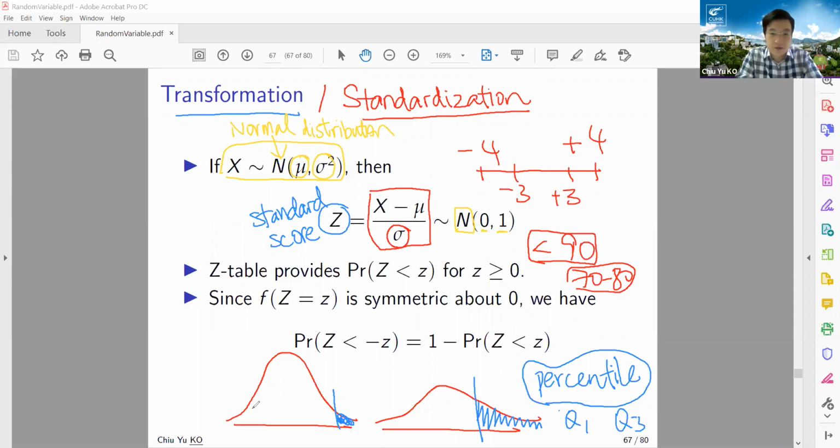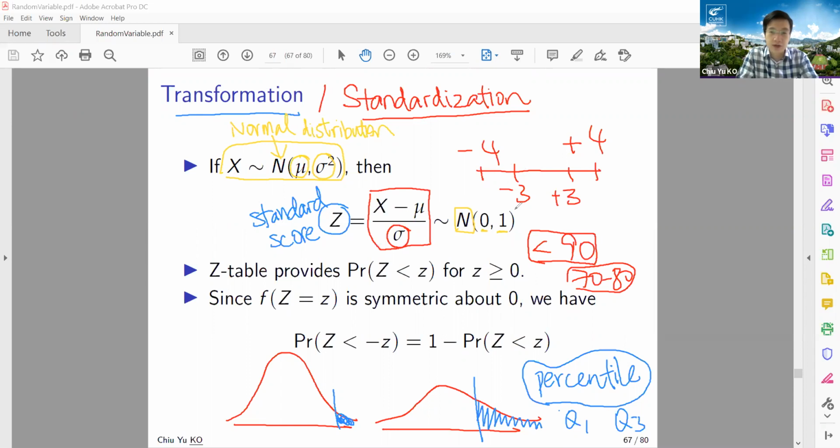So if we want to create a table to do the calculation for the normal, we don't need to create every combination of the mean and variance, but instead we just need 0 and 1. The reason is that if we want to make some probability statement on X, we can make the same statement on Z.